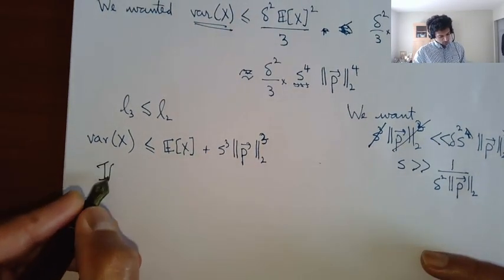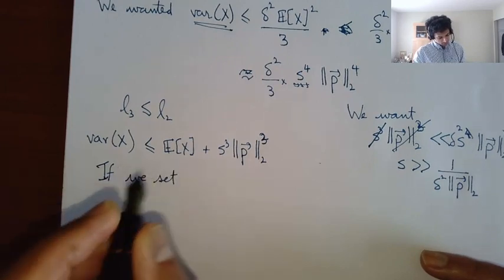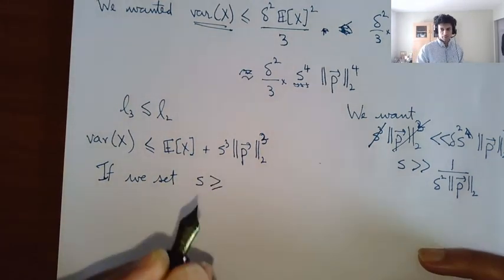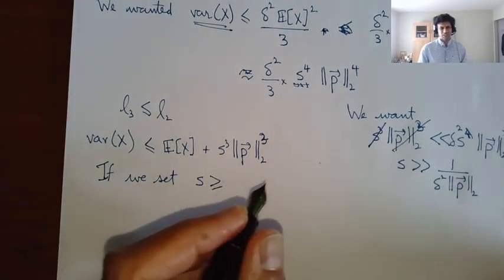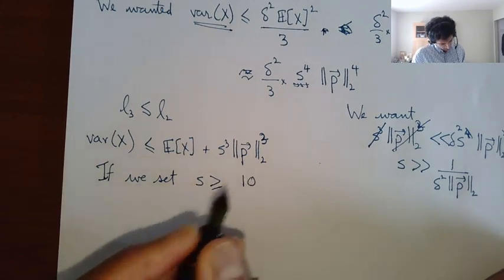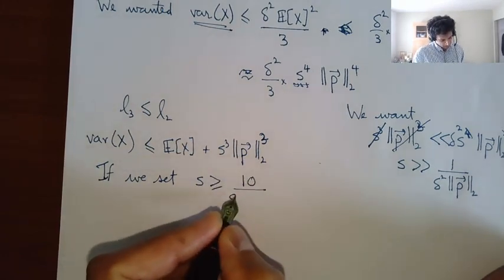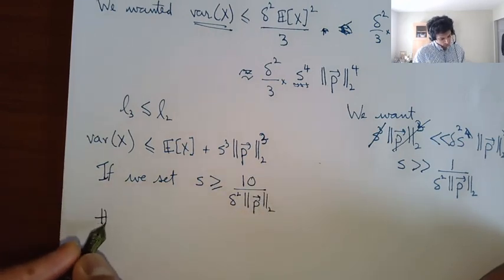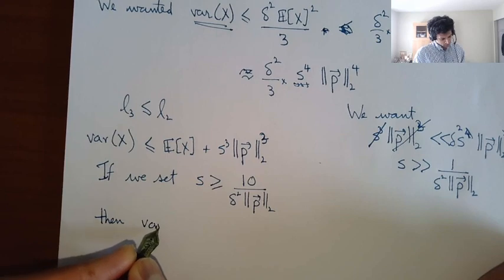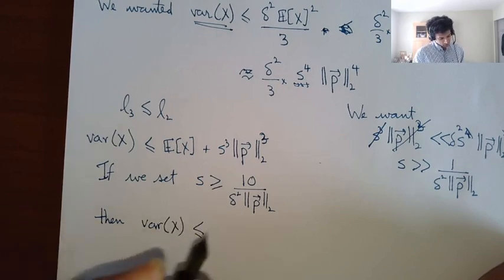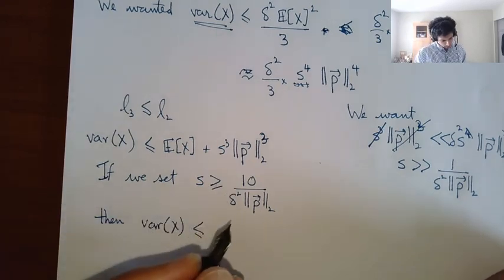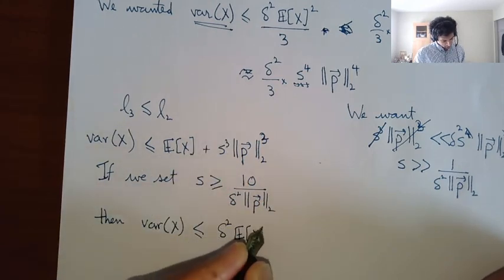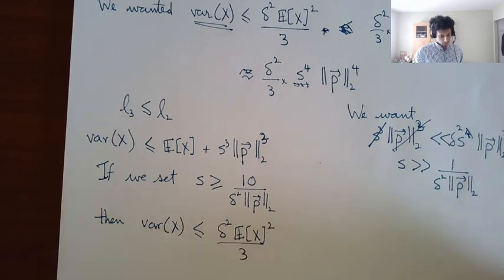And so if we set S to be greater than, and I'm just going to put some convenient constant here, let's say something like 10 divided by delta square times the 2 norm, then the variance of X is going to be less than delta square times the expectation of X squared divided by 3.